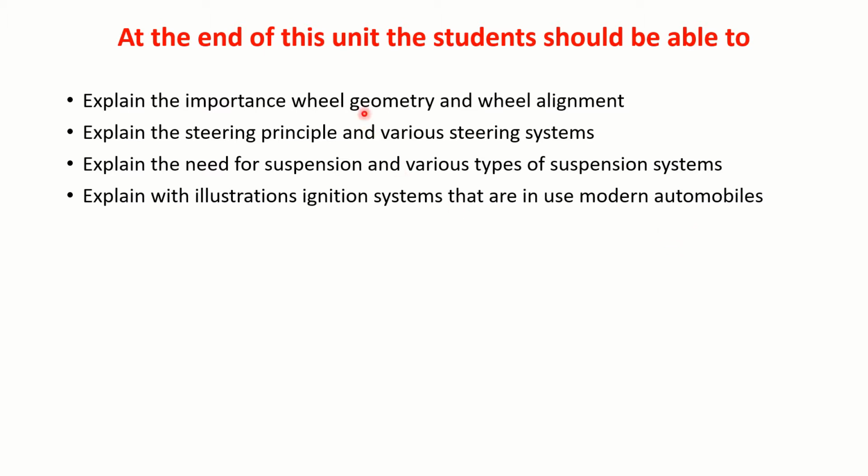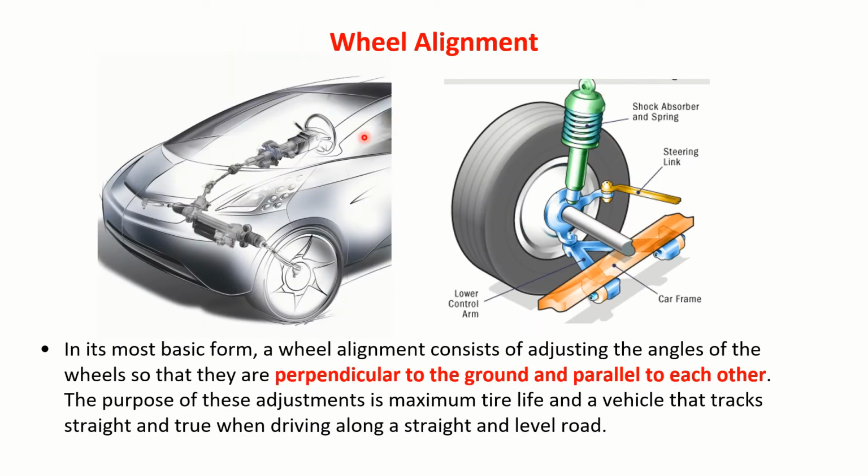First, let us start with wheel geometry and wheel alignment. Basically, in the car, you can see there, our idea is while running the car, the wheel should remain perpendicular to the ground and the wheels should be parallel to each other.